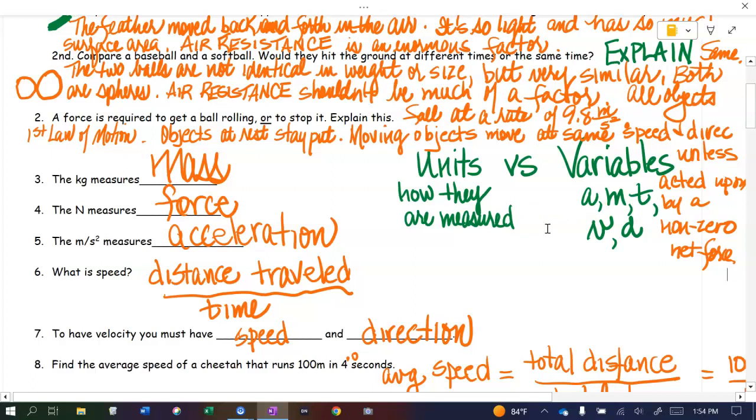All right, now units versus variables. Units are how they're measured. The variables are things like A, M, T, V, D, where they stand for, respectively, acceleration, mass, time, velocity, and distance. All right, variables are used in equations, right?